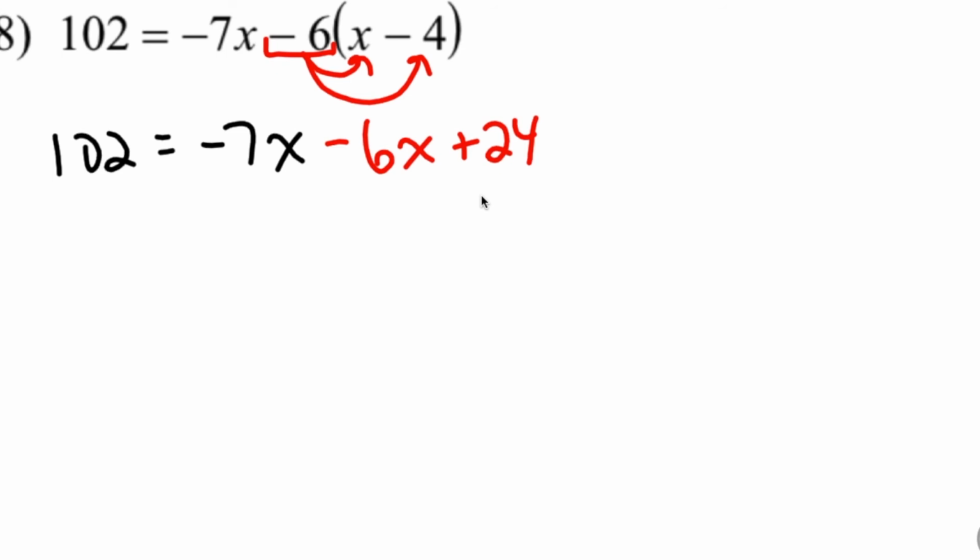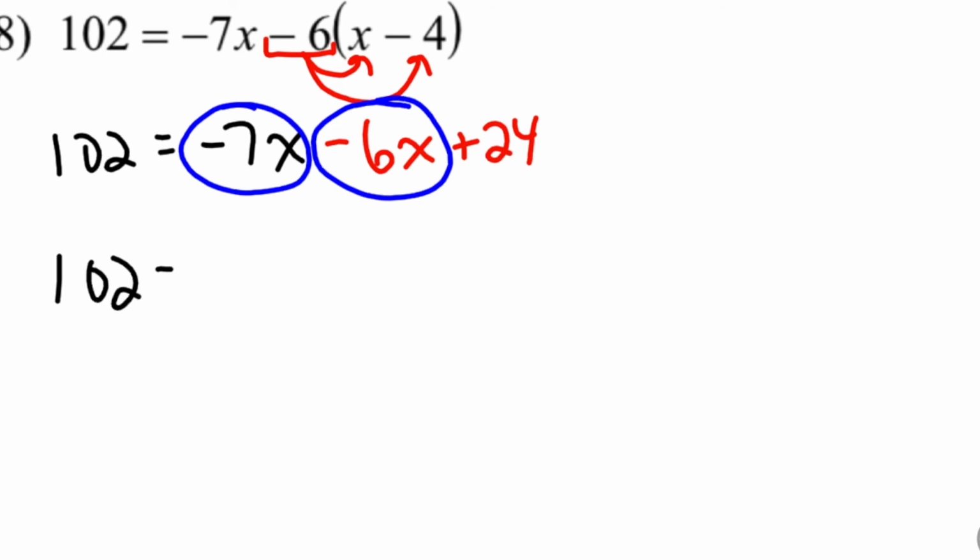All right, so let's see what we get here. Combine your like terms. Negative 7x minus 6x is negative 13x. So let's recopy: 102 equals negative 13x plus 24.